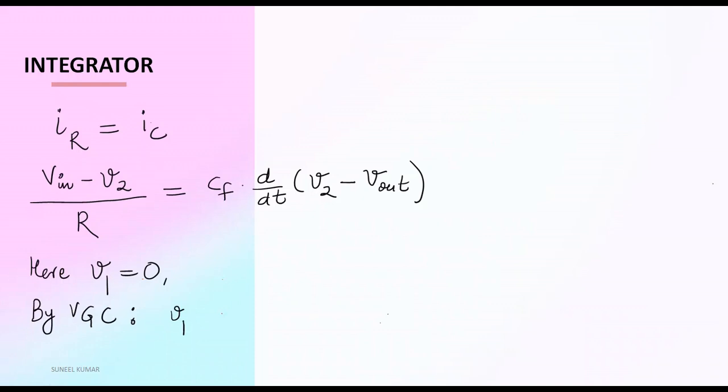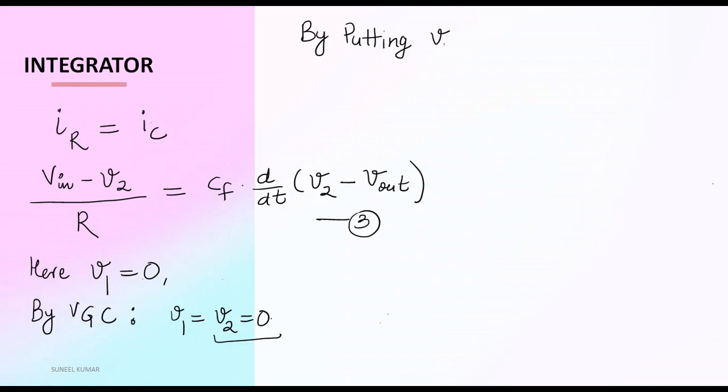So this will become V1 is equal to V2 is equal to 0. Now we can put V2 is equal to 0 in this equation 3.